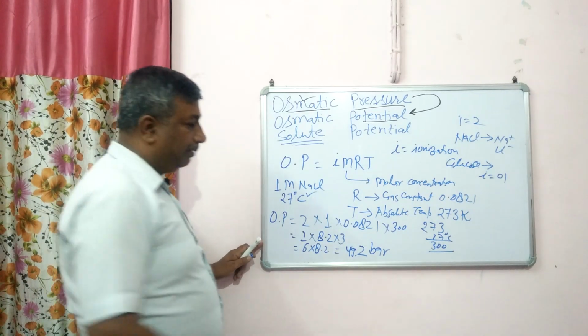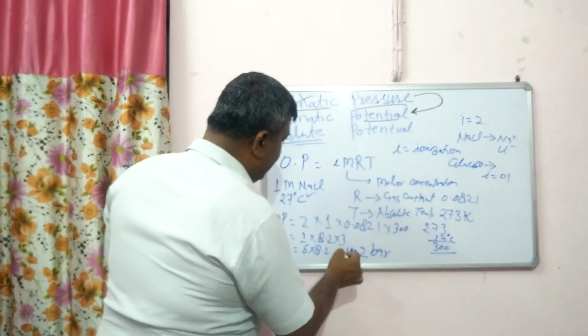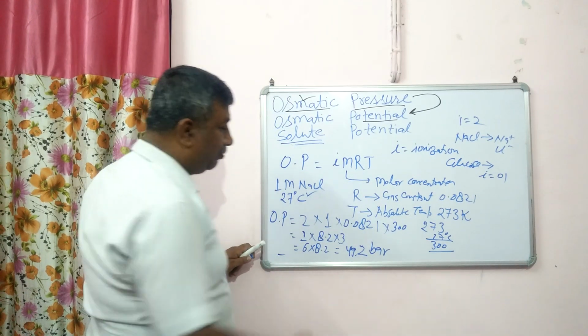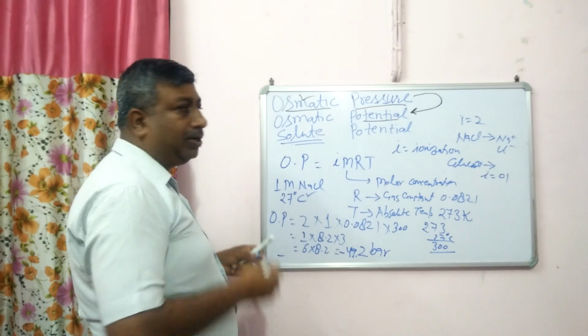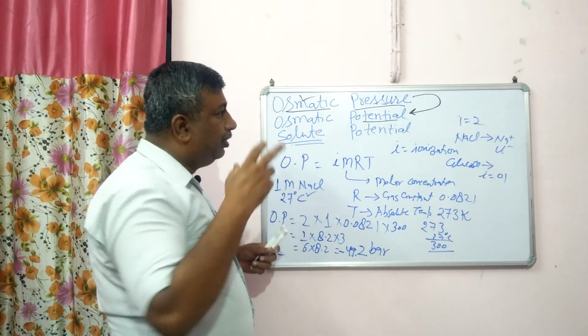So this is the osmotic pressure, and potential is in negative, so it is in minus. So minus 49.2 bar osmotic potential is developed if we have a 1 molar NaCl solution.